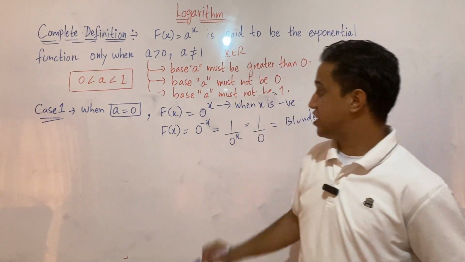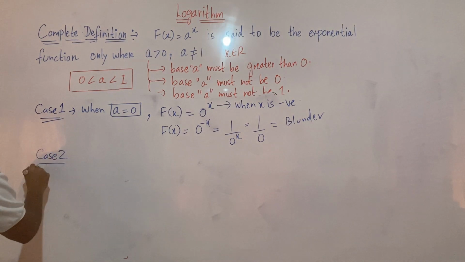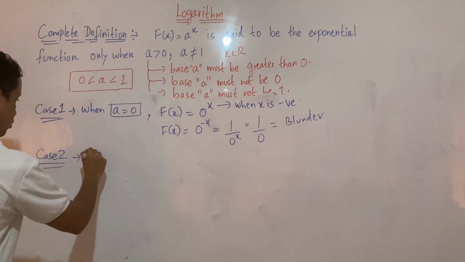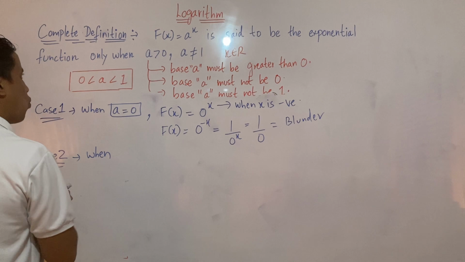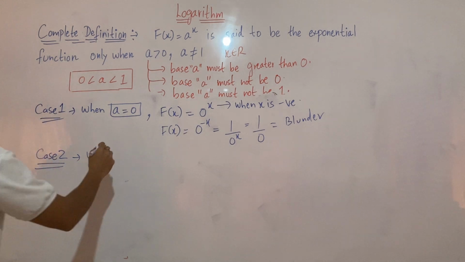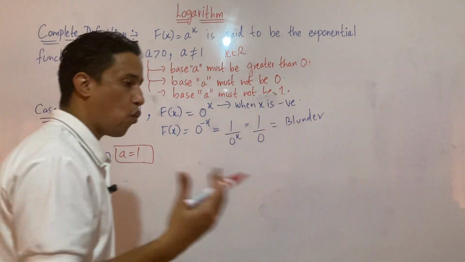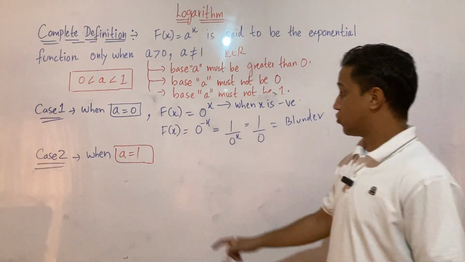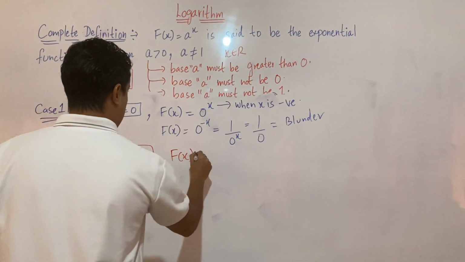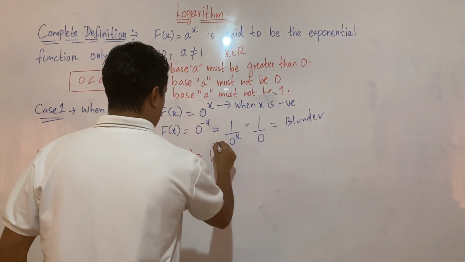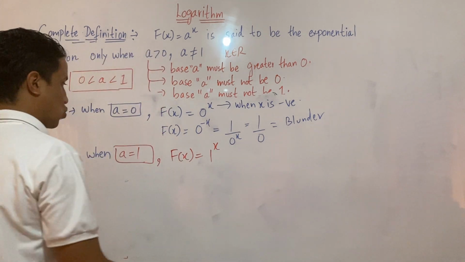Now let's see case 2, when a is 1. It says a must not be 1, but we want to see what would happen. If a is 1, then your f(x) is going to be 1 raised to the exponent x, and it's going to be 1.